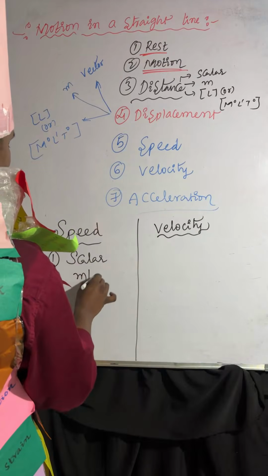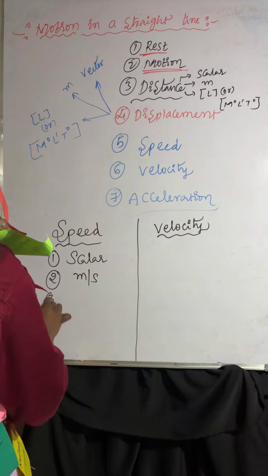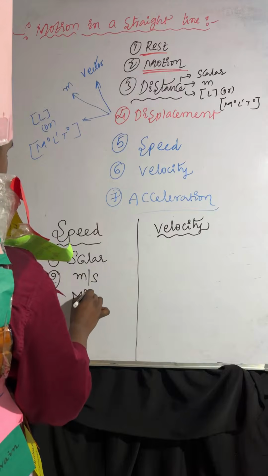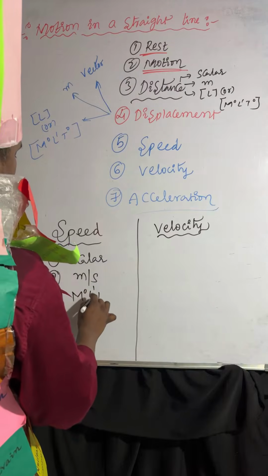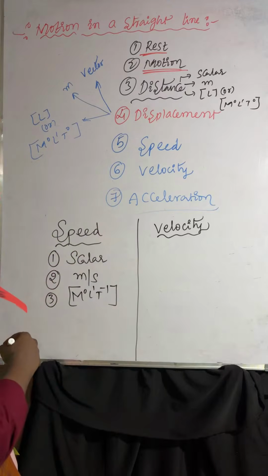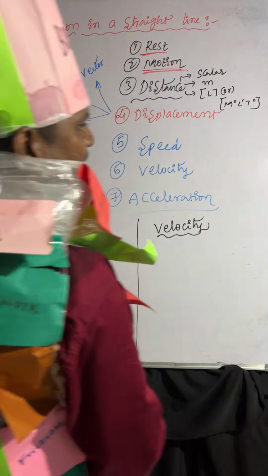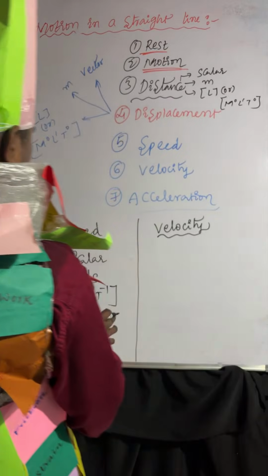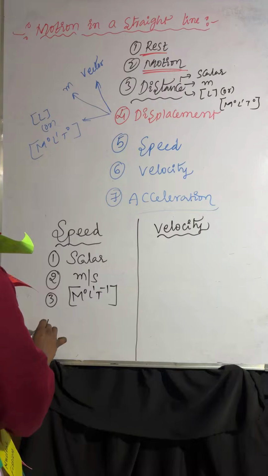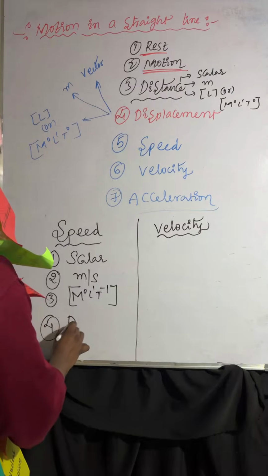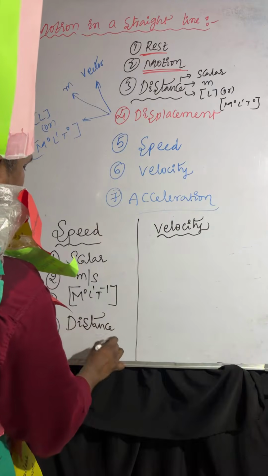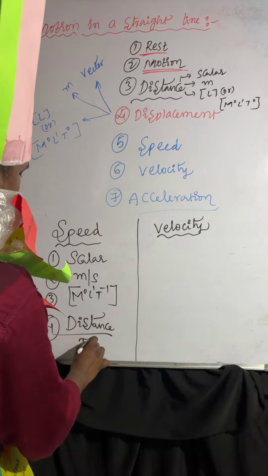The SI unit of speed is meter per second, and the dimension formula is M power 0, L power 1, T power minus 1. I hope it is very clear. Understood or not? Anyway, the definition is distance by time taken only. You have to write that first, then the remaining, but I'm writing at the end.